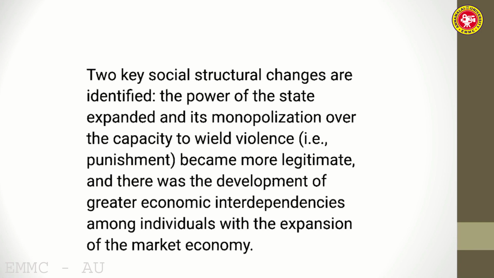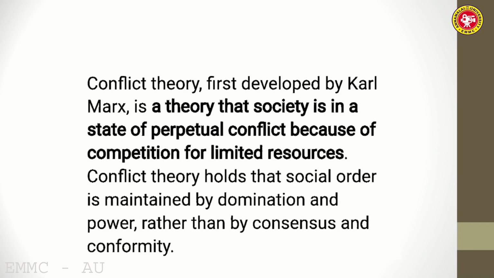Two key social structure changes are identified. The power of the state expanded and its monopolization over the capacity for violence, that is punishment, became more legitimate, and there was a development of greater economic interdependencies among individuals with the expansion of the market economy.